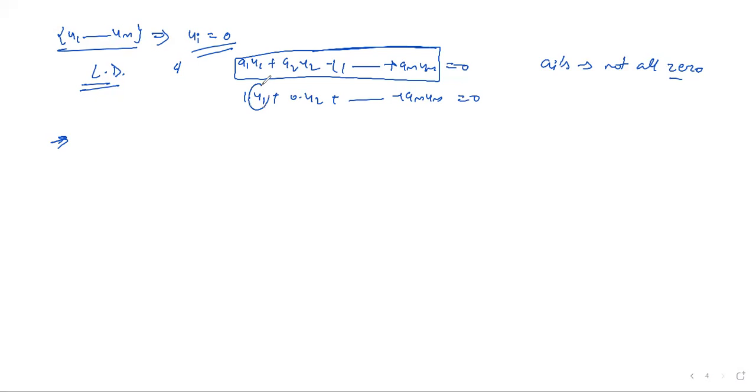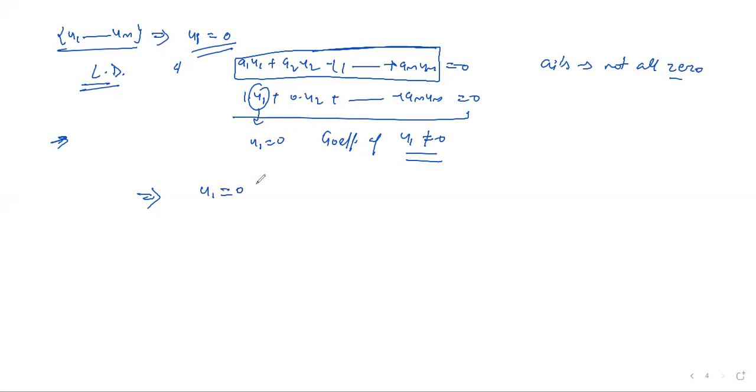Here we have to know that u1, let's say, equals 0, and that's why the whole sum becomes 0. But the coefficient of u1 is not equal to 0. So what did we get from here? We get that we have a vector u1 which is equal to 0.